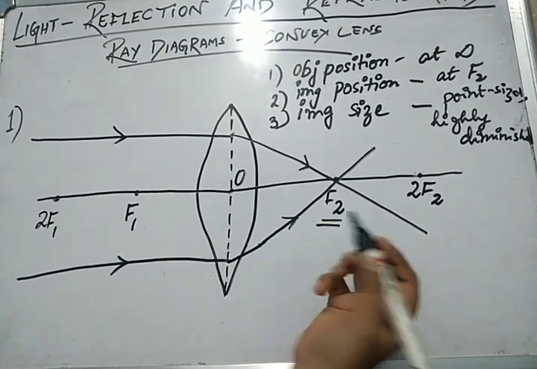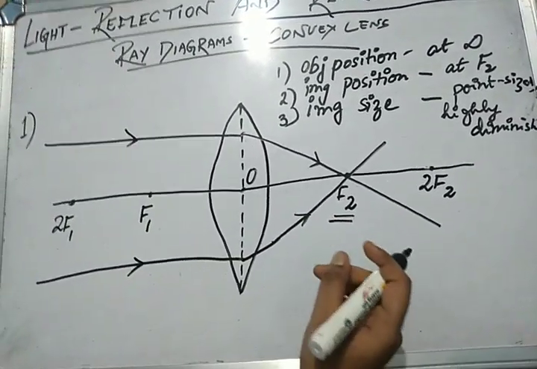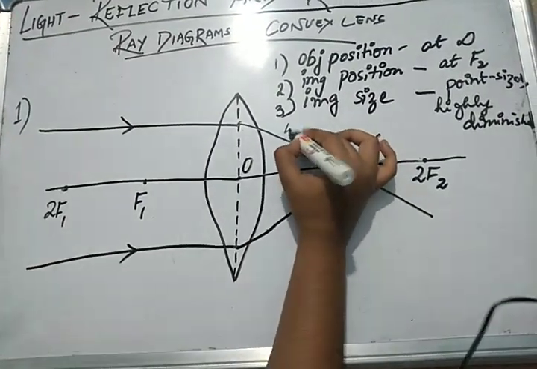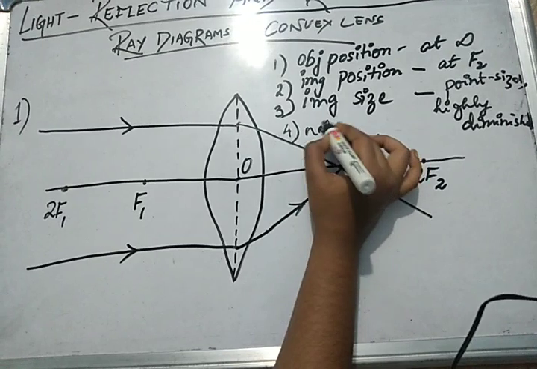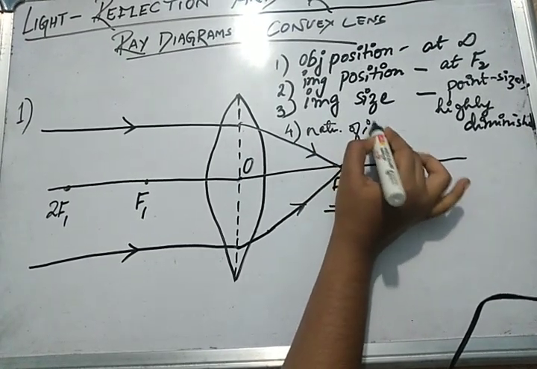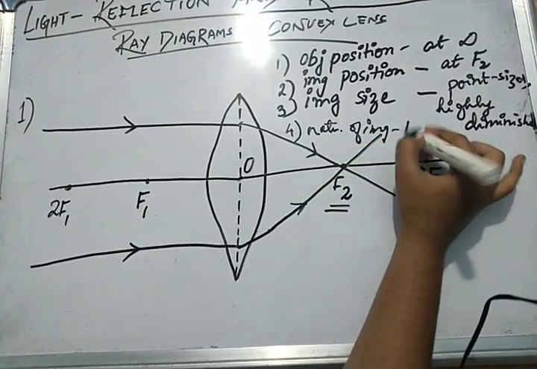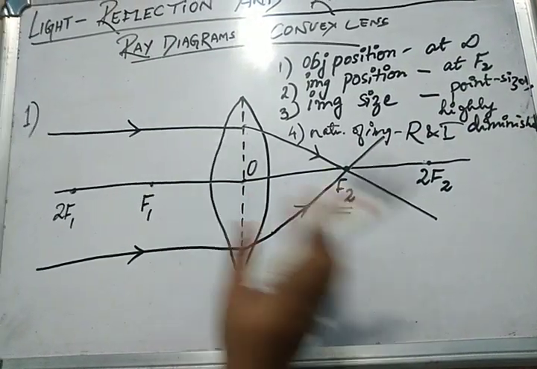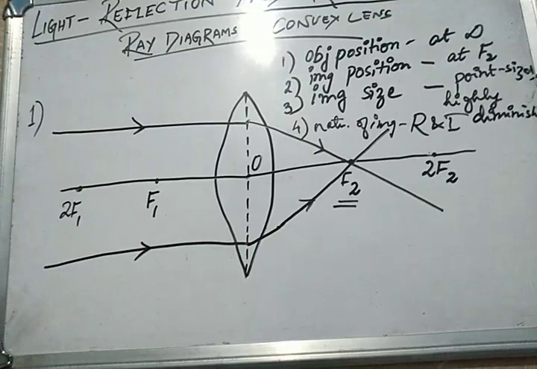Next, nature of the image. It is real and inverted. Nature of image: real and inverted. So this was about the first ray diagram.